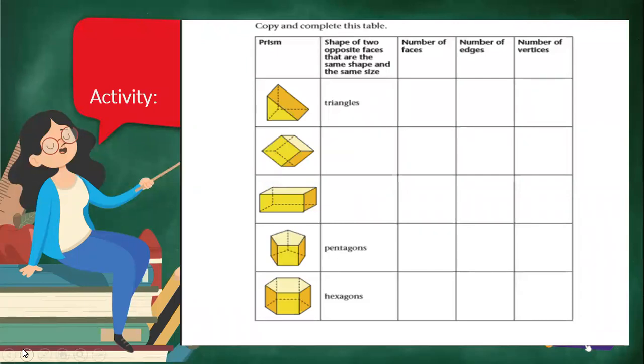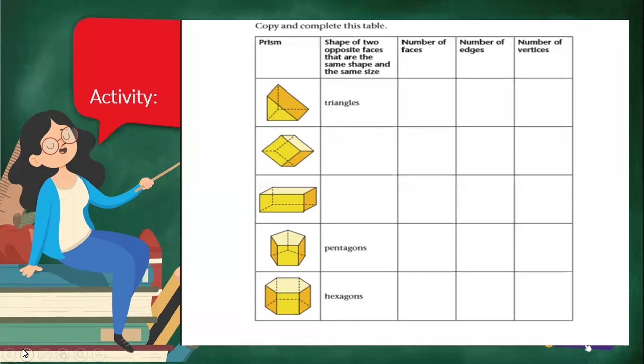We'll also give the number of faces for each prism, the number of edges, and the number of vertices. I'll start with the first one. Prepare yourself for the second, third, fourth, and the last one.